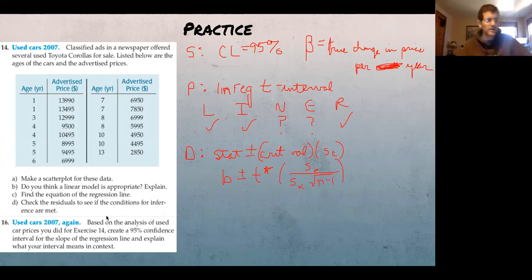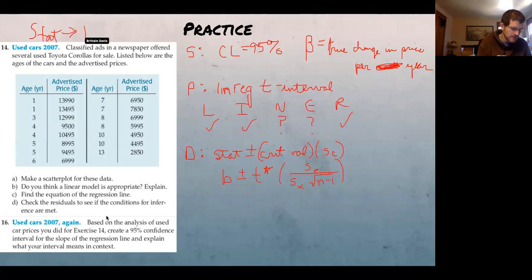And this is where the new stuff comes in. You already have your two lists made. What I want you to do is go to STAT, TESTS, and down at the very bottom, option G is your linear regression T interval.